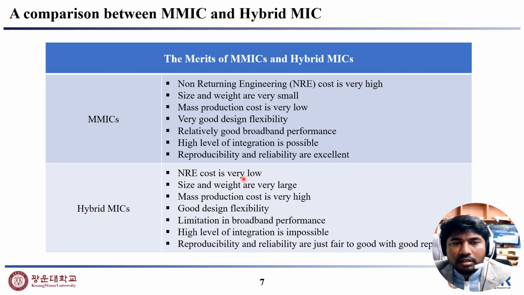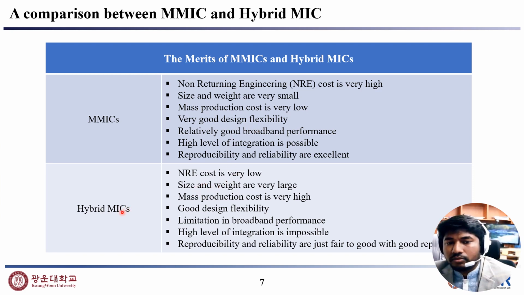In this slide, a comparison between MMIC and hybrid MIC is presented, showing the merits of each. In the case of MMIC, there are several merits and advantages: non-recurring engineering cost is very high, size and weight are very small, mass production cost is very low, and there is very good design flexibility.